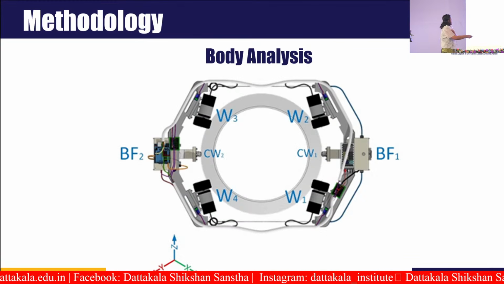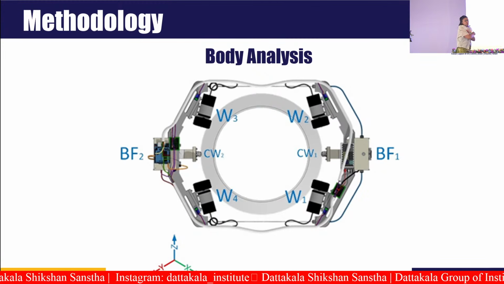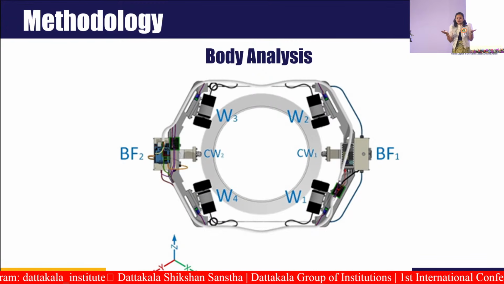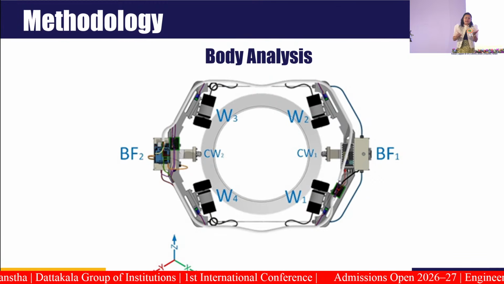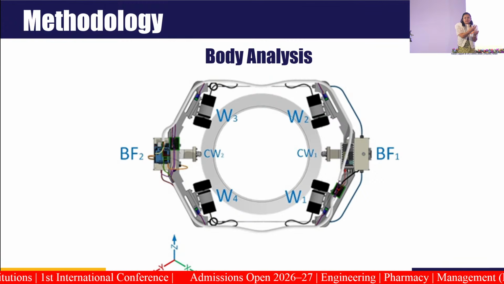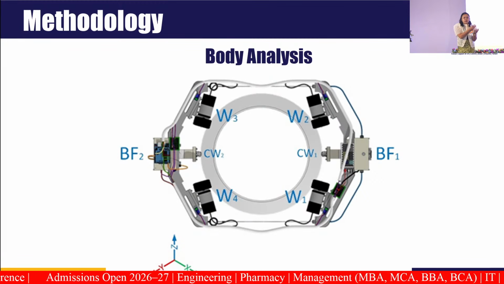And of course, for body frame 1 and body frame 2, you have to consider the weight. What will be the weight of your robots? And then consider what the maximum payload capacity is.